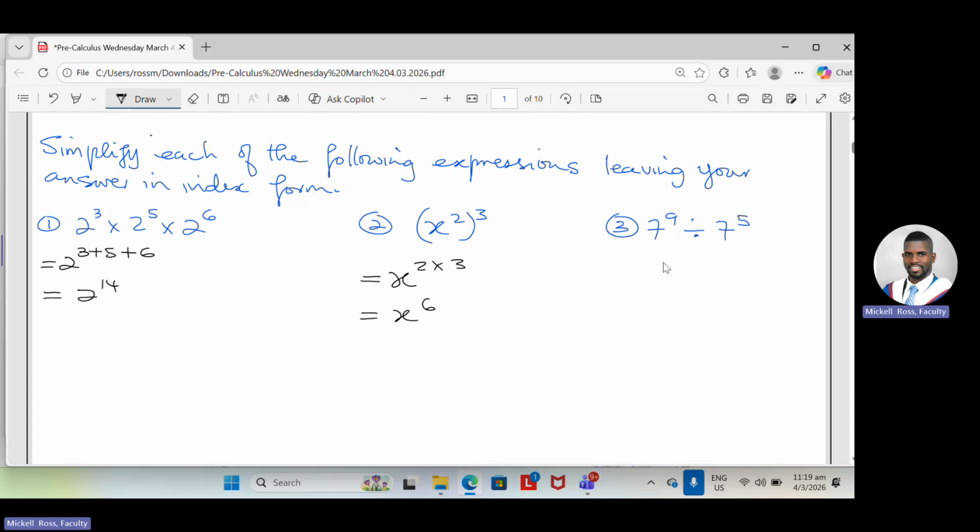And over here, we're dividing and the base is the same. So all we have to do is subtract the powers. So this is going to be 7 to the 4th. And as you recognize, our answers are still in index form. All right.